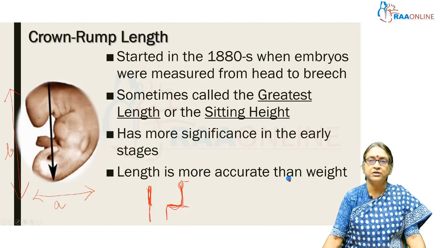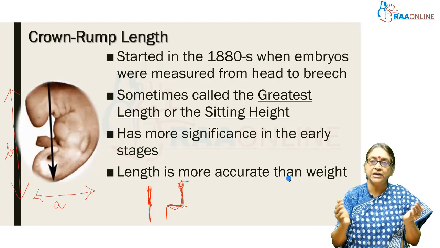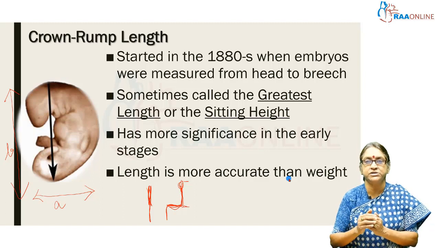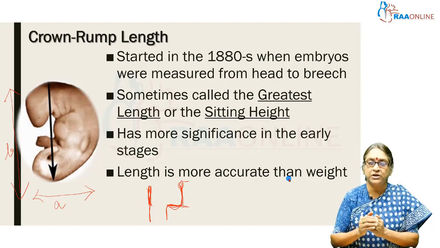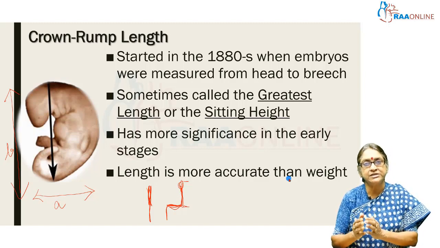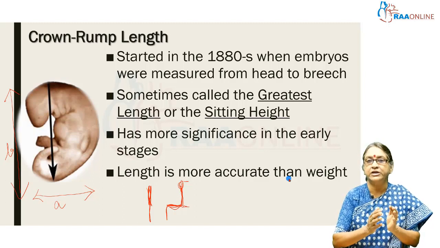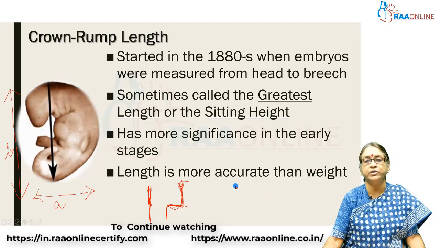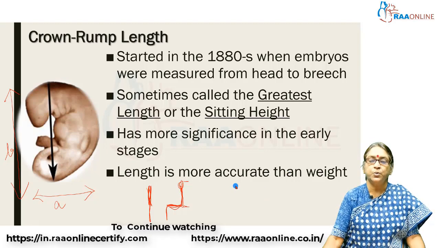Now, we may think as the fetus grows, it gathers weight. True. However, the variations that you notice in the weight of the fetus or the embryo are much more, and the weight does not necessarily reflect the fetal age. Instead, length is a more accurate measurement when we are trying to assess the fetal age.